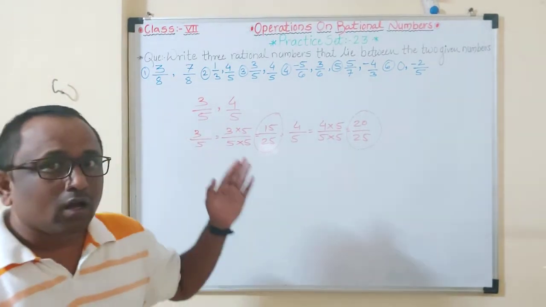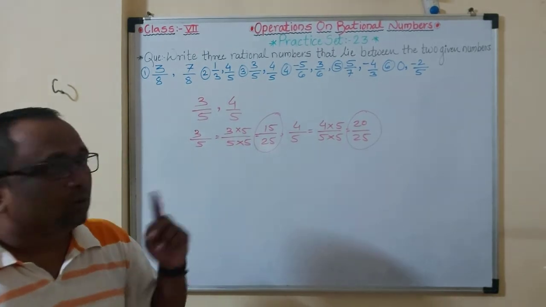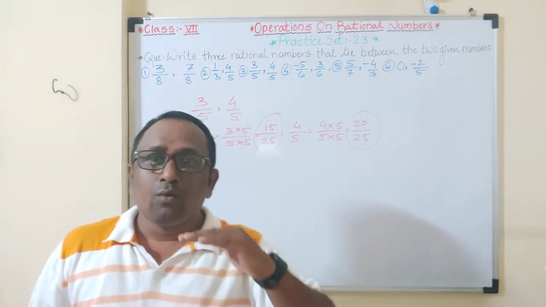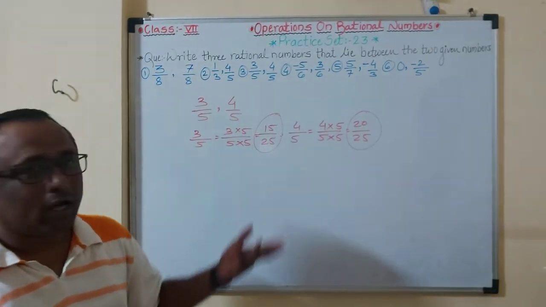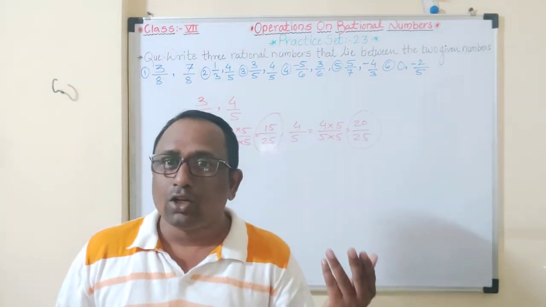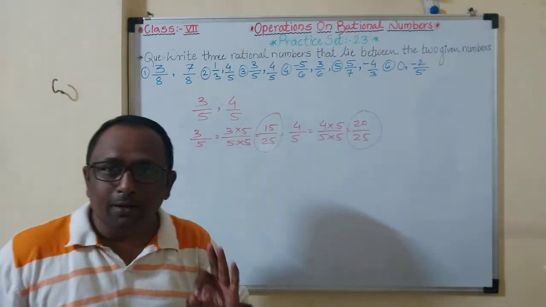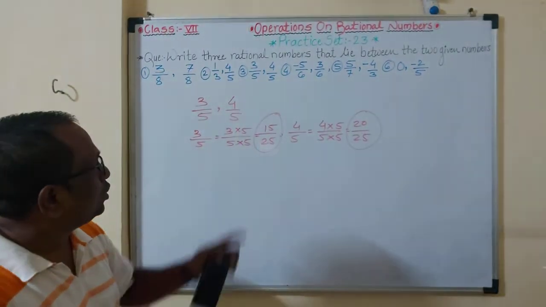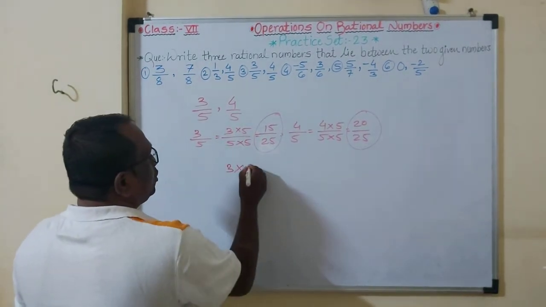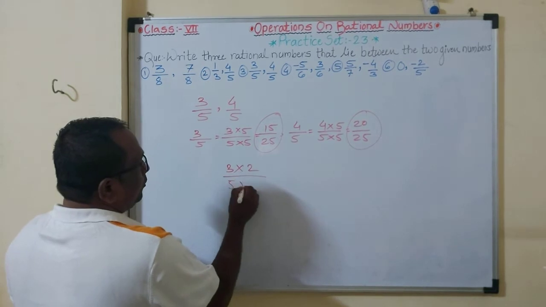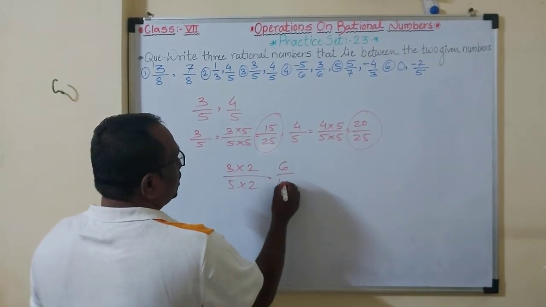That's why if consecutive fractions or rational numbers are there, I told you, we have to increase the numerator. Now if we increase the numerator, automatically the denominator also increases. Now choose any number, I choose here 5. If you choose, for example, 2, then we got 3 2s are 6 and 5 2s are 10.